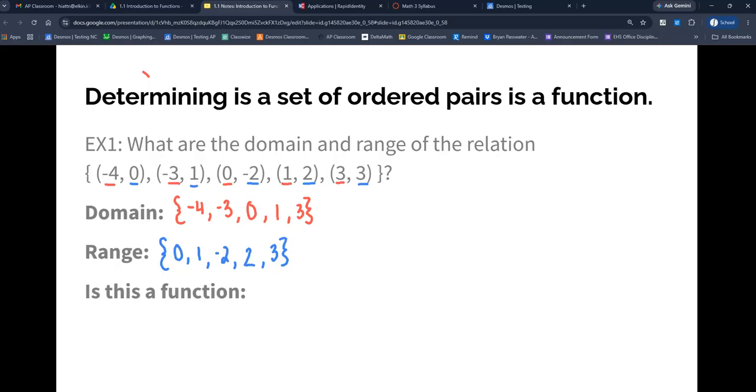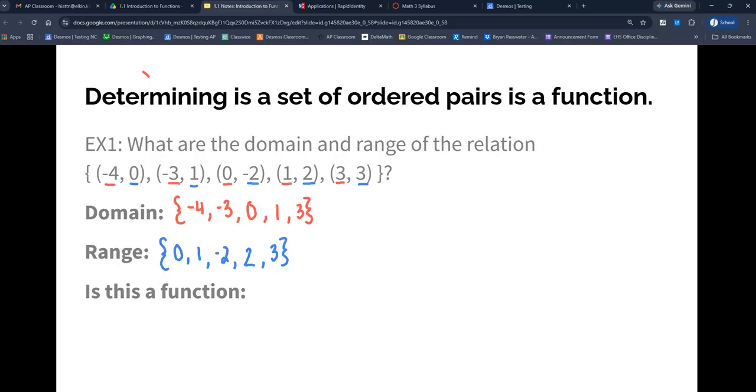Okay, so when we're looking at a set of ordered pairs that's given this way, to determine if something is a function, the easiest thing to do is look to see if your x values repeat. Because if your x values repeat, that means there's an x that has 2 different y values, right? 3 goes with 2, and 3 also goes with 7.